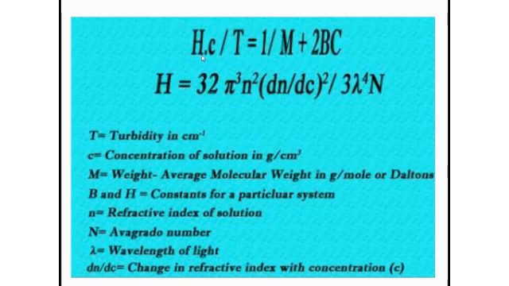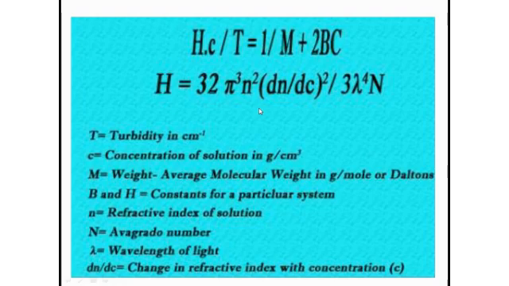Where H can be written as H is equal to 32 pi cube n square dn by dc whole square divided by 3 N lambda to the power 4, and where this T, or you can use the tau here also, is the turbidity, C is the concentration, M is the average molecular weight, and B and H are constants.